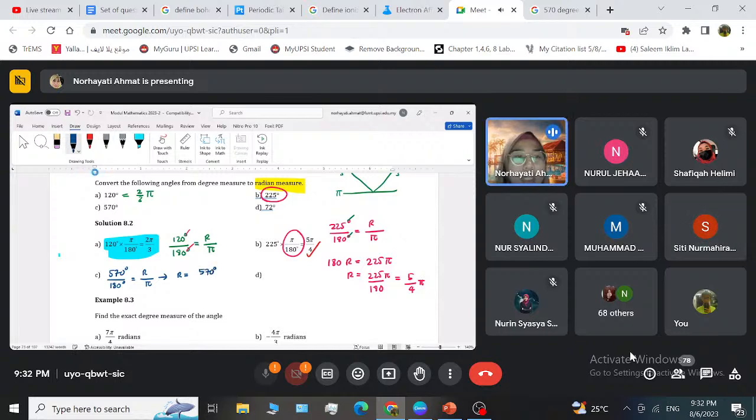So dah hilang lah kan dia punya unit tu degree. So 570 divided by 180 pi. Therefore the angle is 19/6 pi. Okay, good. Radian. Terima kasih Siti Nurmahira. Okay, next.